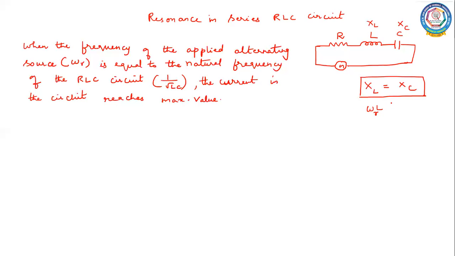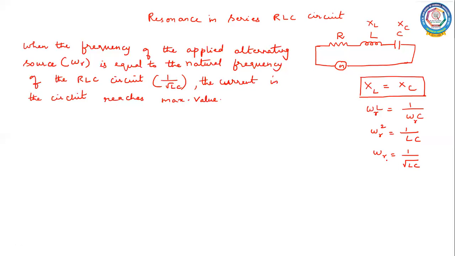So omega r L is equal to the capacitive reactance, given by the formula 1 by omega C, which again becomes 1 by omega r C. Bring this omega r to the left side. Already we have one omega r, so this becomes omega r square is equal to 1 by LC. So omega r is equal to 1 by root of LC. This is the condition for resonance.